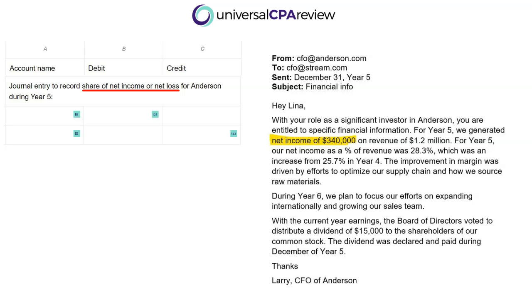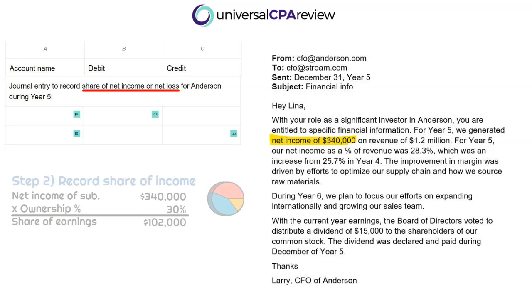We do not base it on that $340,000 because that's 100% of Anderson, and we as Stream only own 30%. So all we need to do to record our share of net income is take the net income of Anderson, which is $340,000, multiplied by our ownership percentage of 30%. That means our share is $102,000.